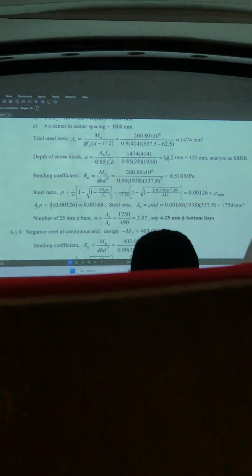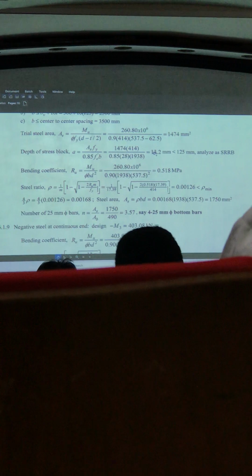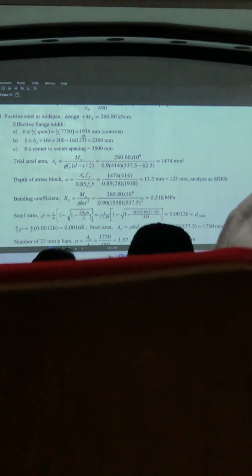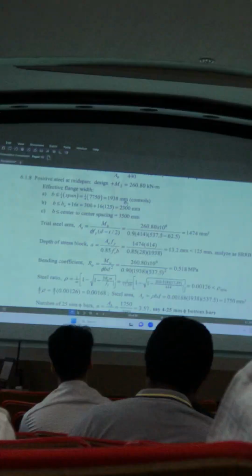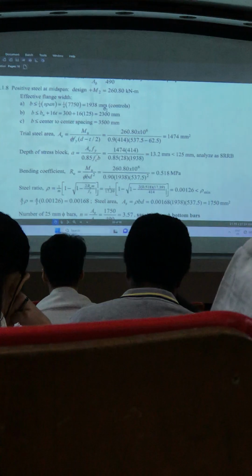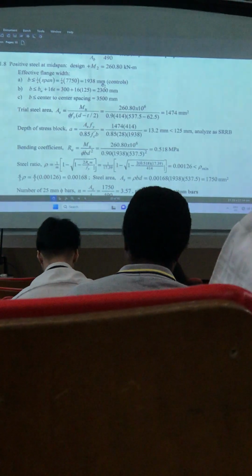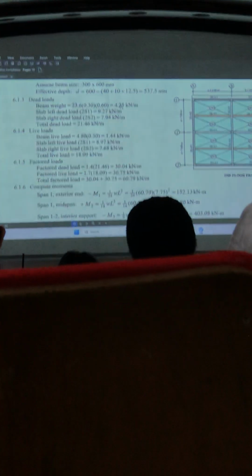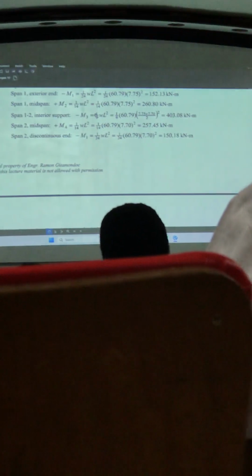This usually happens because the slab is so wide; the effective flange width based on the calculation is 1,938 millimeter. That will usually confine the depth of compression block within the slab. For isolated simply supported T-beams with bending moment at midspan, the flange is not wide, and the depth of the compression block goes down. But for reinforced concrete floors like this, usually we get A less than T.